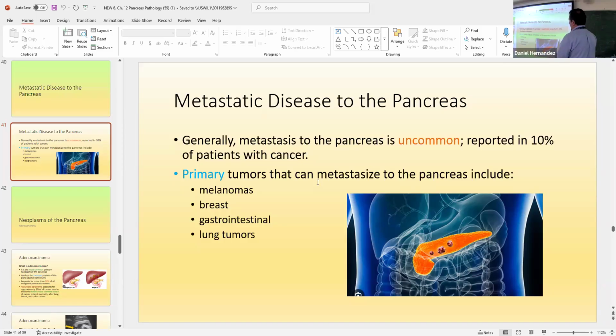But really, to characterize metastatic disease, unfortunately, at the end of the day, you have to biopsy these masses, these tumors, to get an adequate diagnosis of metastatic disease.